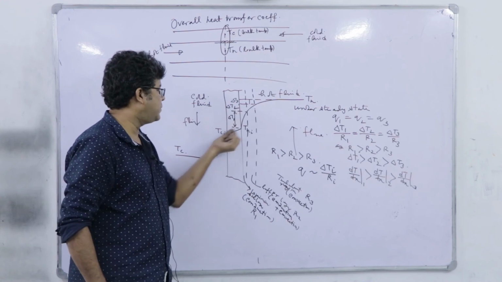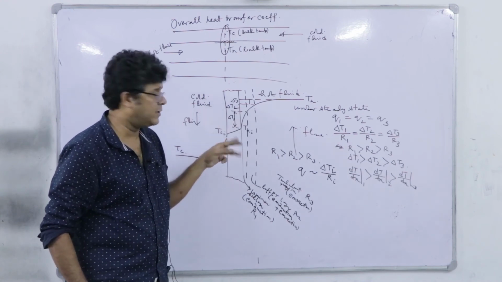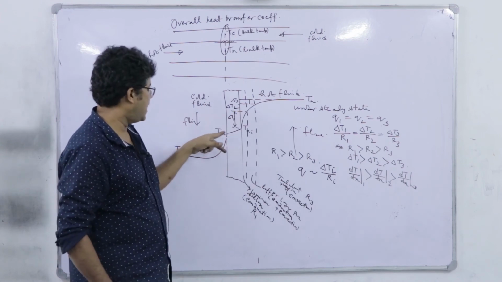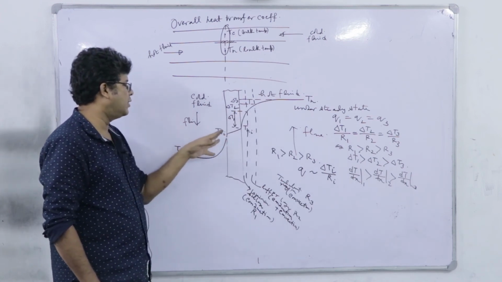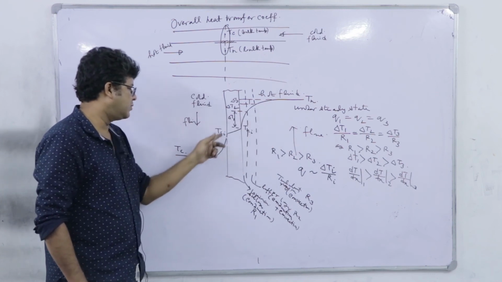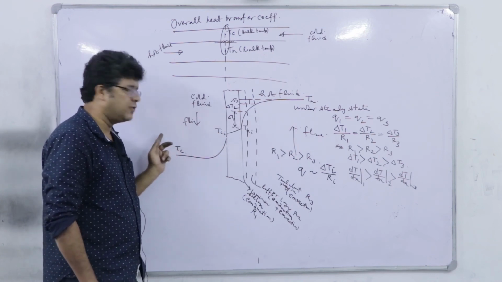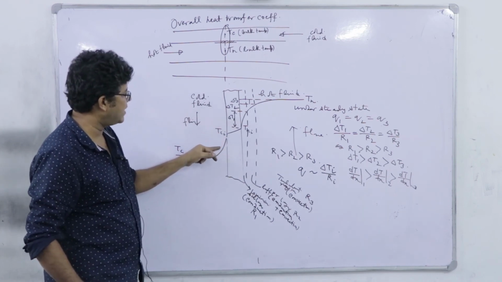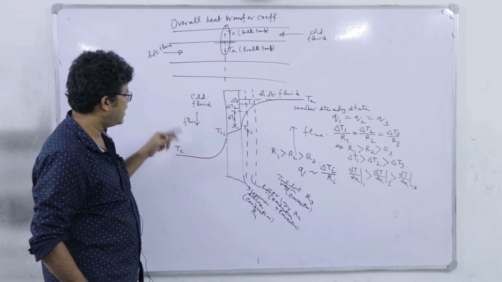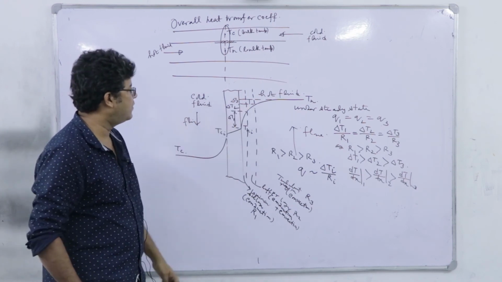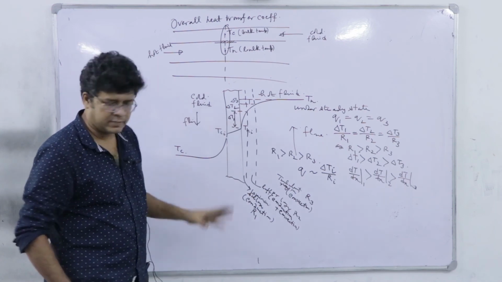So, it is typically linear we have considered, but truly it should be logarithmic, and the same logic will be followed in order to draw the temperature profile on the cold side fluid, that here it will have the maximum gradient and the gradient progressively decreases as we are moving towards the bulk. So, that is the basic idea of this temperature profile.